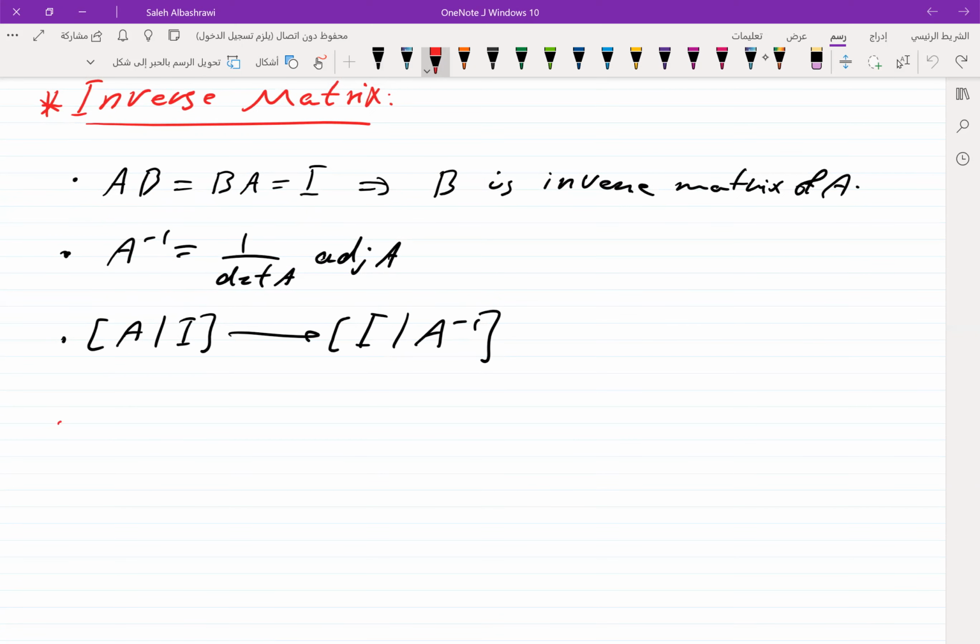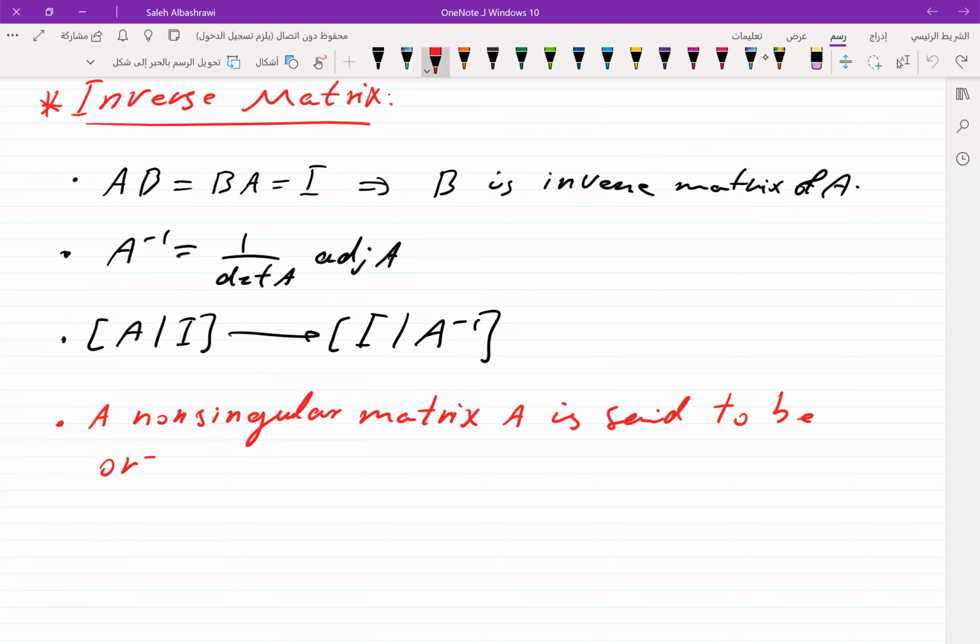Now for today, we are going to give a new definition for matrices. We say that a non-singular matrix A is said to be orthogonal if A inverse equals A transpose.